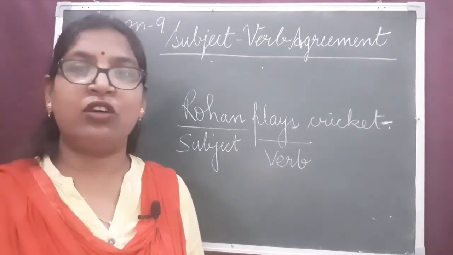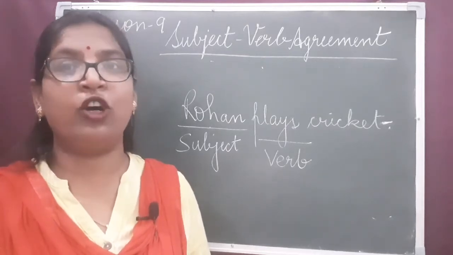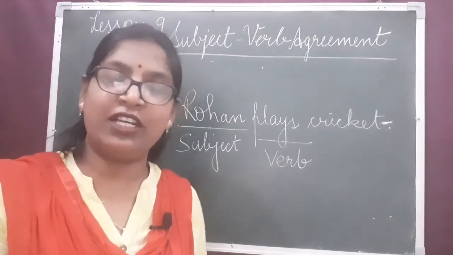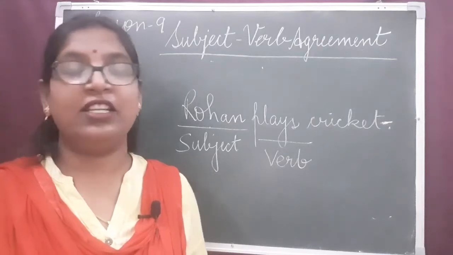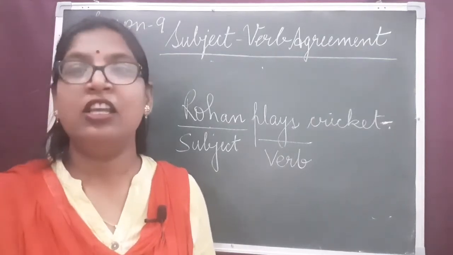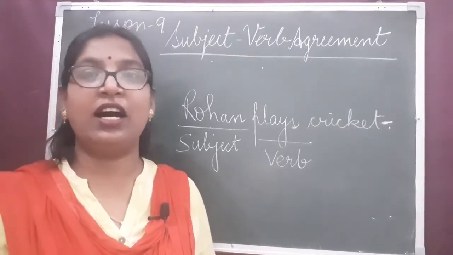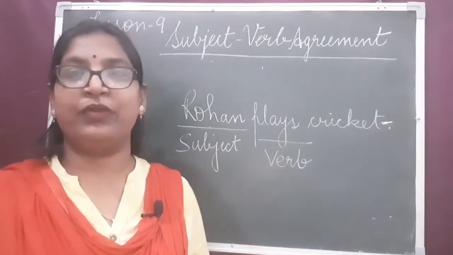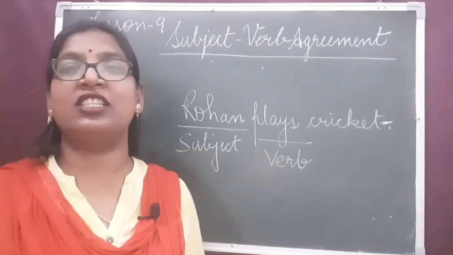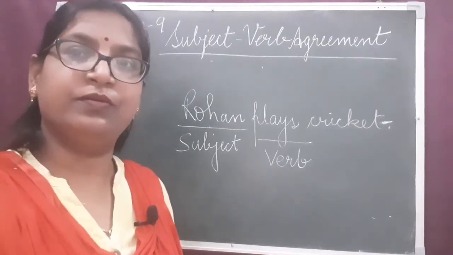If we do not use the proper form of the verb according to the subject, it means there is no agreement between the subject and the verb, and there will be grammatical mistakes. So in this chapter we are going to study how to bring agreement between the subject and the verb.